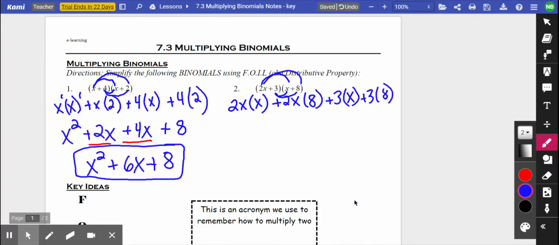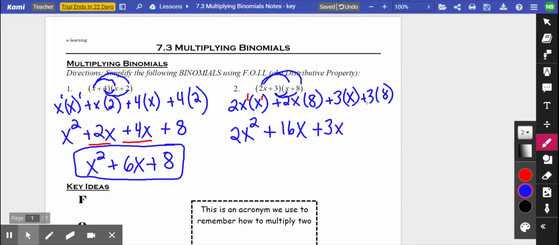All right, so now I'm ready to do a little more simplifying here. So 2x times another x. Again, these are little x to the first here. So we're going to get 2x to the second power. All right, and 2x times 8 is a positive 16x. And a 3 times an x is a positive 3x.